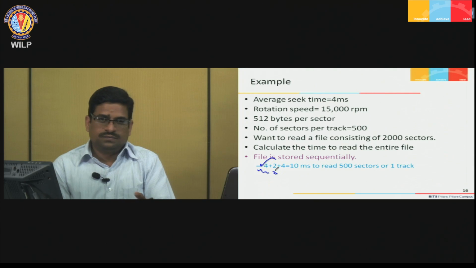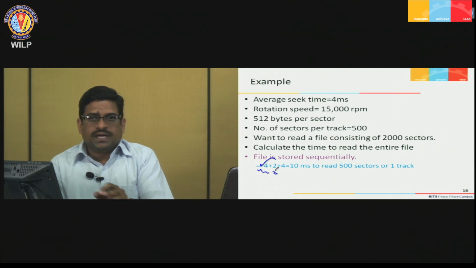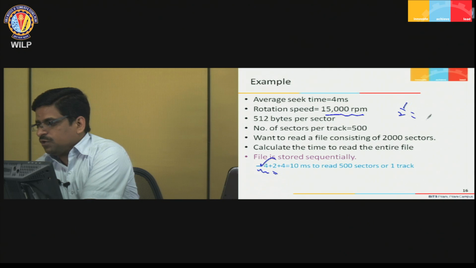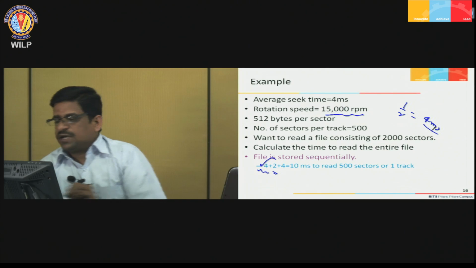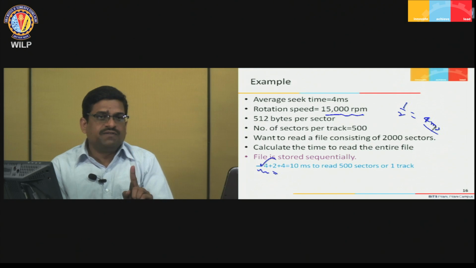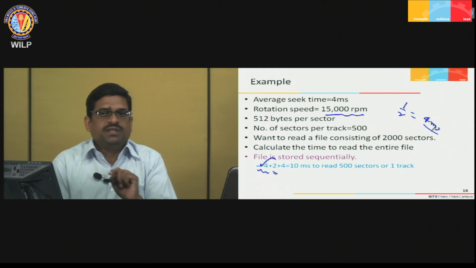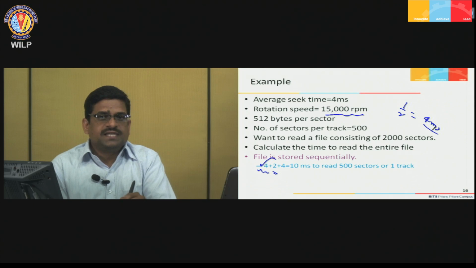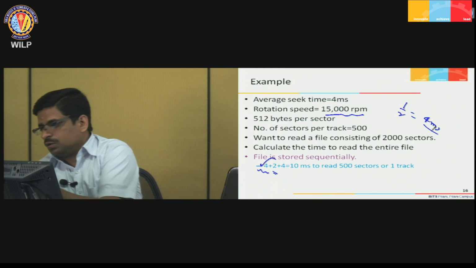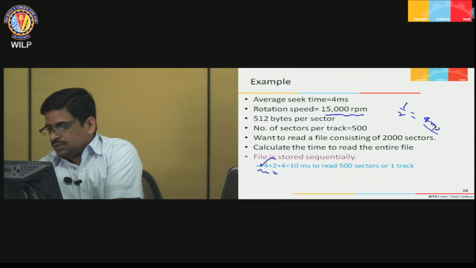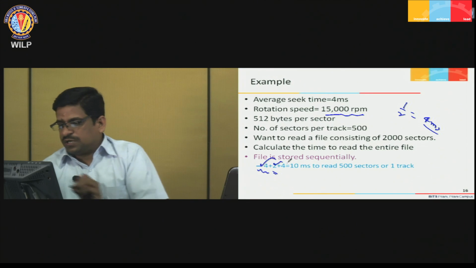The disk is rotating at 15,000 RPM, so you can calculate 1 by R. Do not forget to convert: 15,000 revolutions per minute, and the time of one revolution you have to calculate in seconds. That gives 4 milliseconds for 1 by R, so one revolution takes 4 milliseconds. Taking the average, 1 by 2R, it becomes 2 milliseconds. So the 2 milliseconds is your rotational latency.